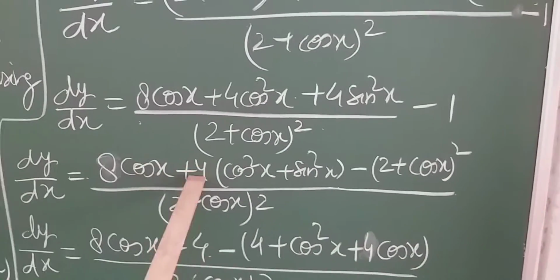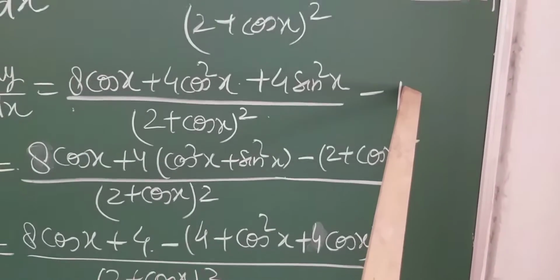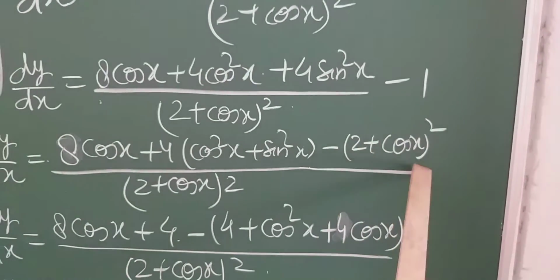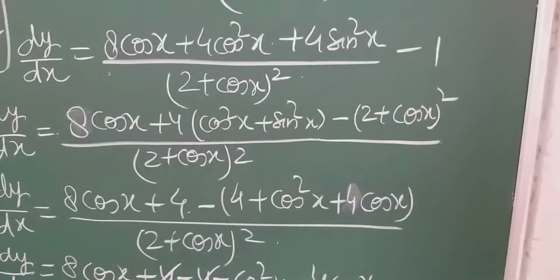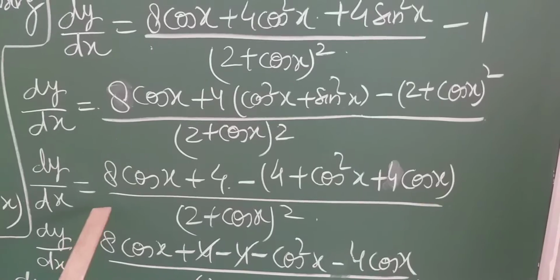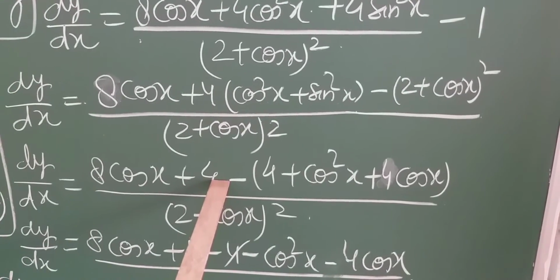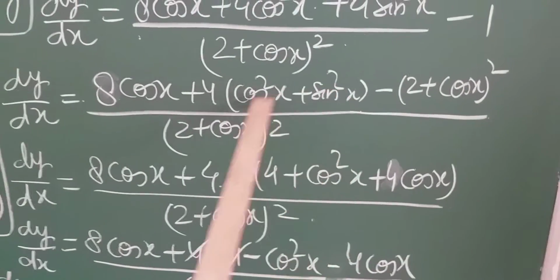So 8 cos x plus 4 minus, we can take the LCM, so it will become 2 plus cos x whole square upon 2 plus cos x whole square. So dy by dx equals to 8 cos x plus 4, because cos square x plus sin square x equals to 1.